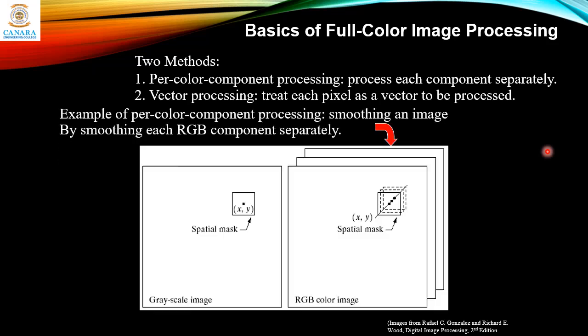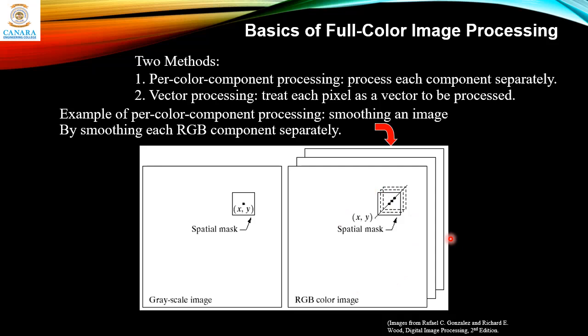An example of per color component processing is smoothing an image by smoothing each RGB component separately, as I mentioned. This is a grayscale image and this is the RGB color image. Basically RGB means you have three grayscale images stacked together, each image representing a particular hue, R, G and B. So this is how the RGB full color image looks.